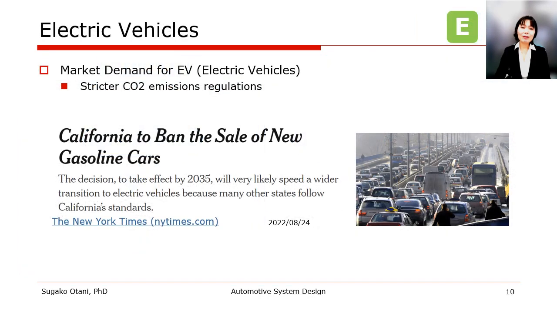We will move on to the topic of electric vehicles. There is a strong market demand for EVs due to stricter CO2 emission regulations and so-called climate change countermeasures. Last summer, the New York Times reported that California will ban the sale of new gasoline cars by 2035.